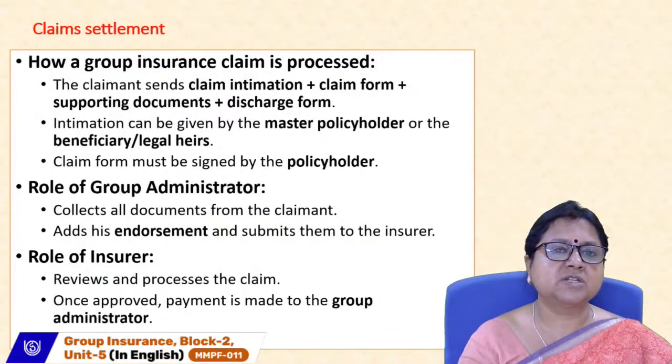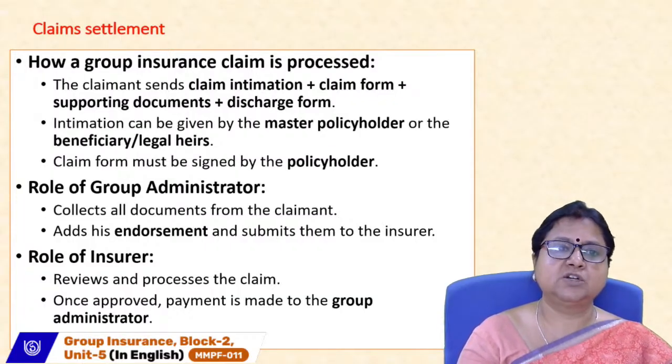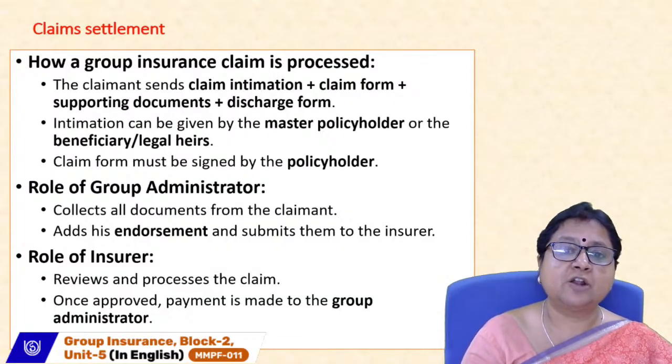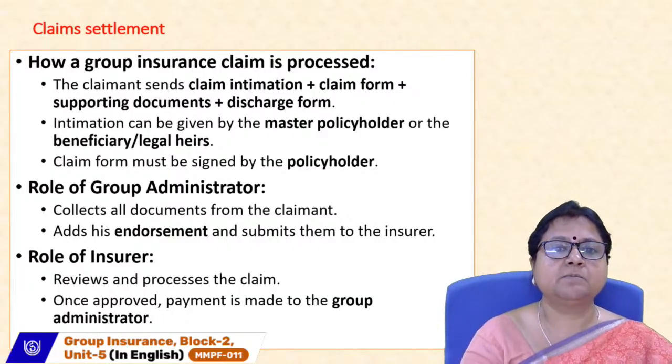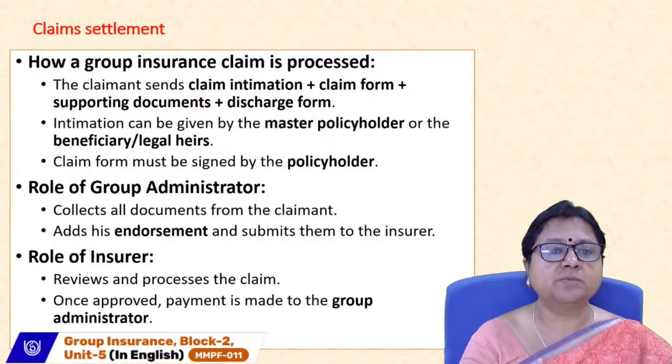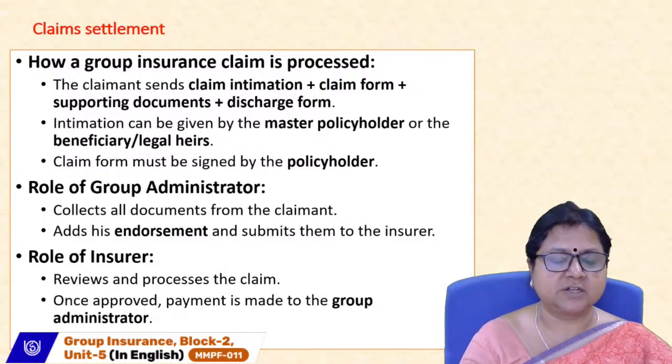So now a group insurance claim will be processed. There will be claim intimation, the claim form as well as the documents will be provided along with the discharge form from the hospital. The intimation can be given by the master policy holder, all the beneficiaries or the legal heirs, and the claim form must be signed by the policy holder.